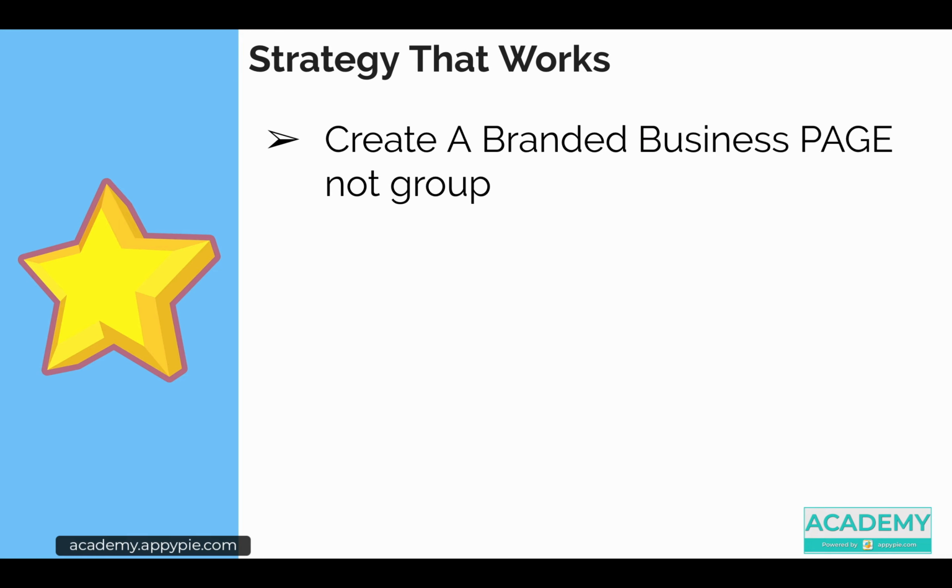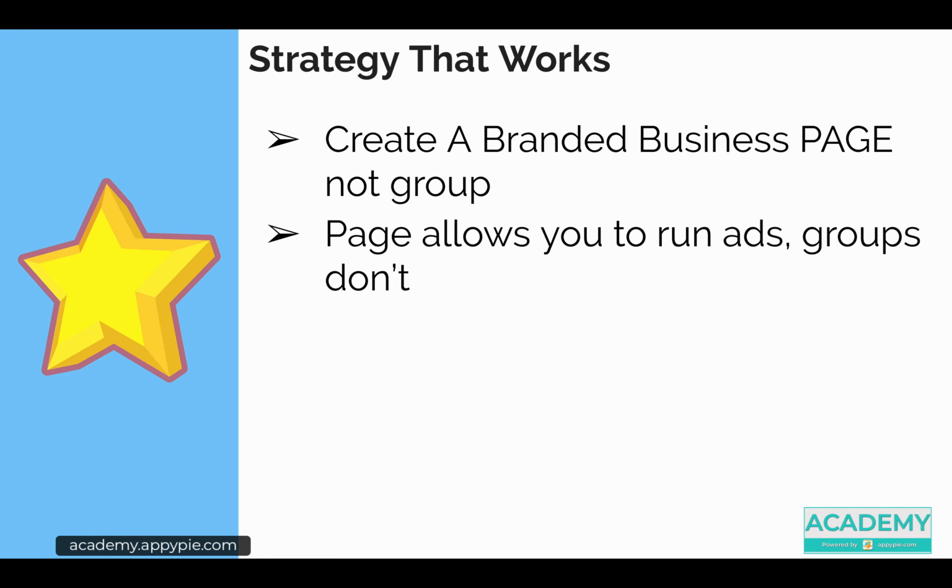So first, we're going to create a branded business page for you, not a group, because a page allows you to run ads. Groups do not allow you to run ads. Groups are good for engagement, communication, but pages have a smaller organic reach.